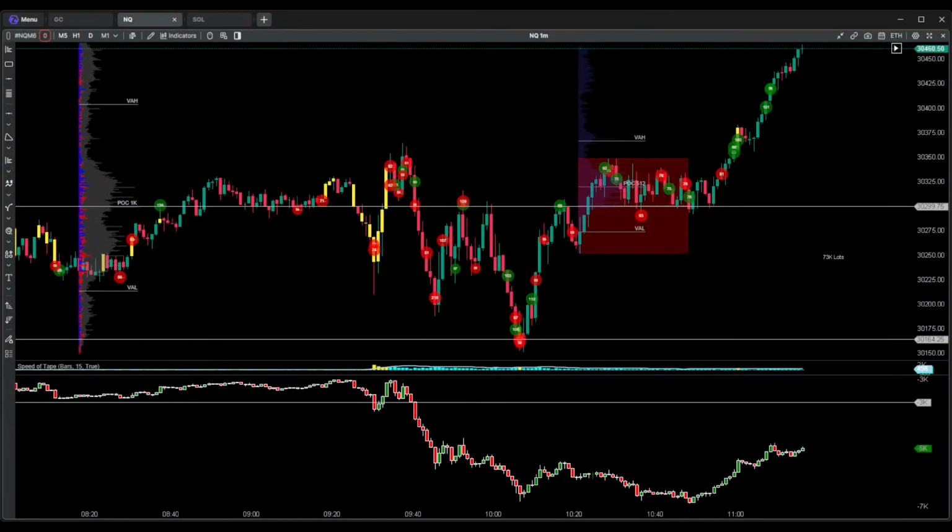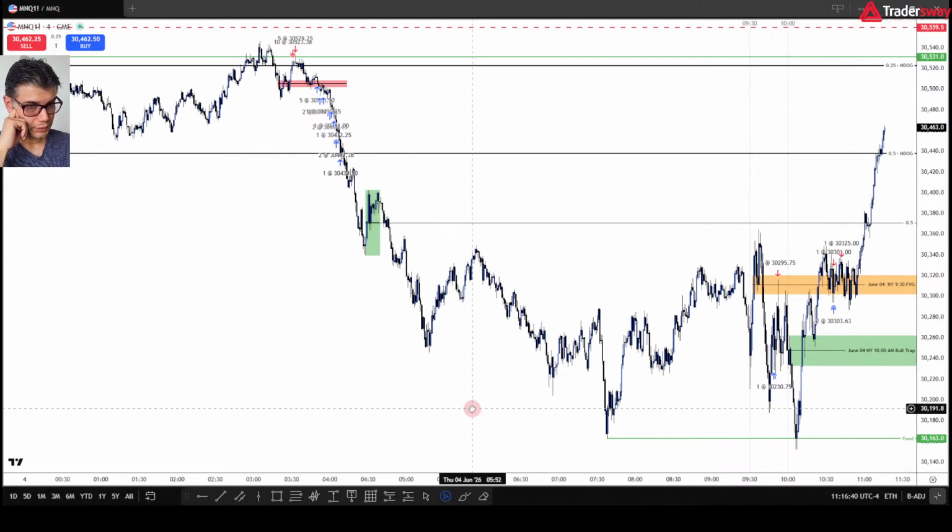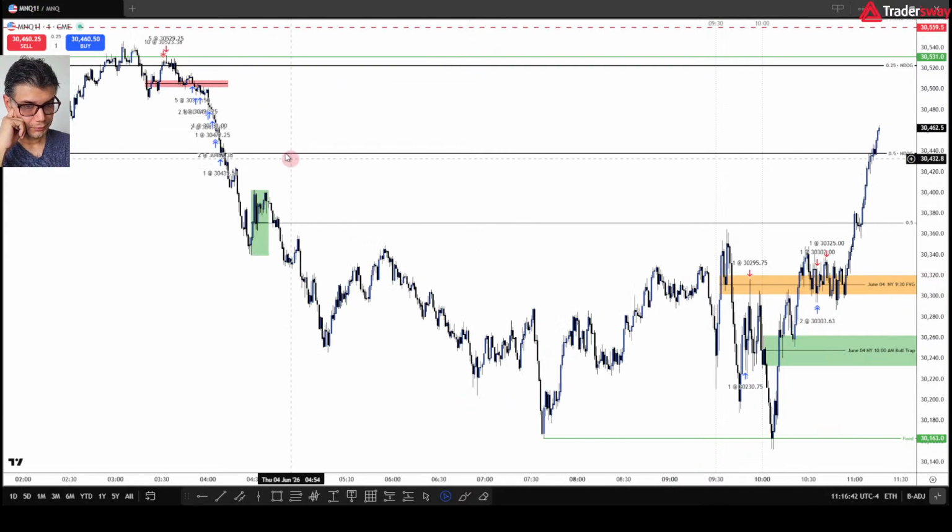All right, let's go to the chart. Now it's approaching 25%. I don't see anything here significant that can hold the price.